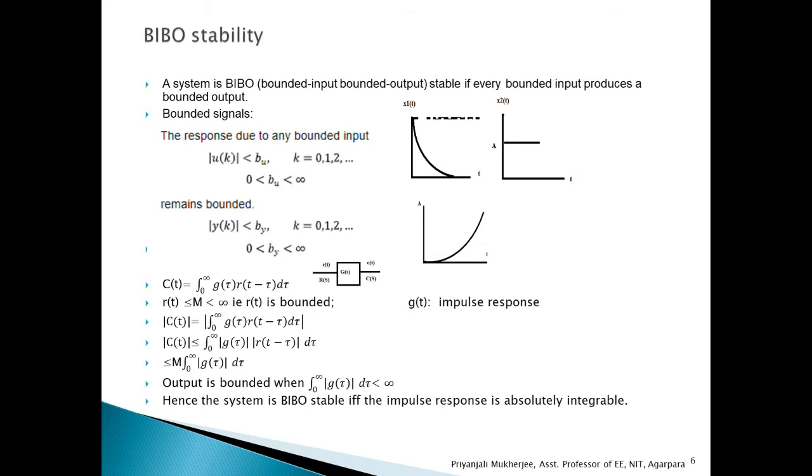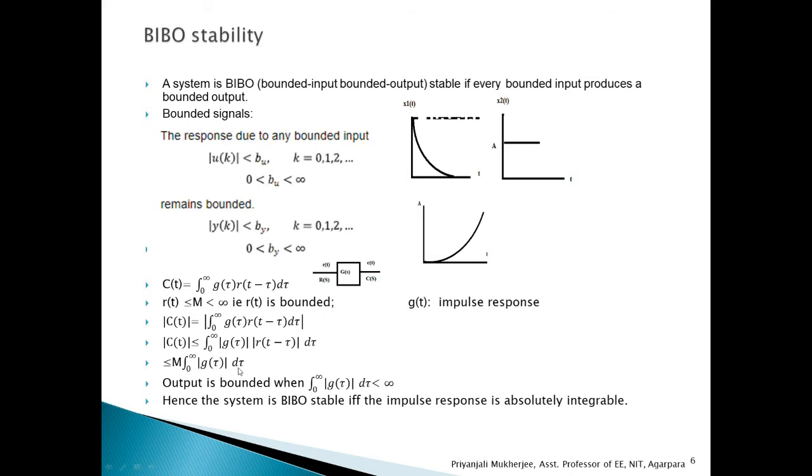Now, if r(t) is bounded such that the magnitude of r(t) is less than or equal to M, which is less than infinity, the magnitude of the output can be expressed as: the magnitude of c(t) equals the magnitude of this integral, which is less than or equal to M times the integral from 0 to infinity of the magnitude of g(tau) d tau.